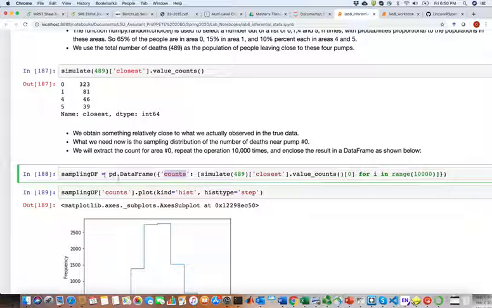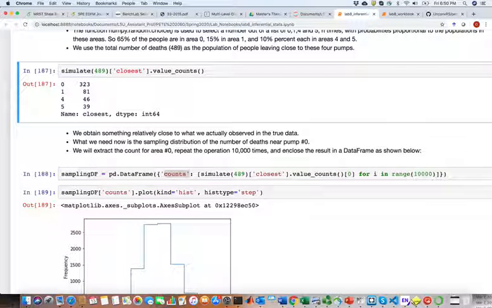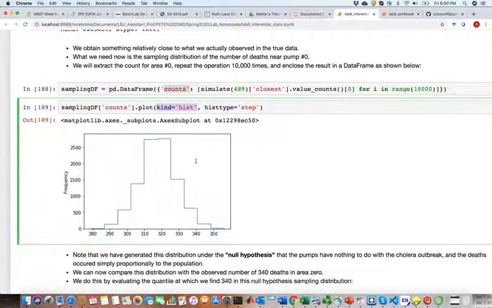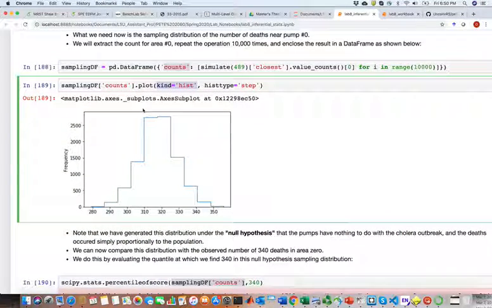And you will end up having a data frame containing only one column. The column heading will be counts, and the data will be 10,000 realizations of this data set. So we can plot the 10,000 data using the histogram. And this is what it looks like.